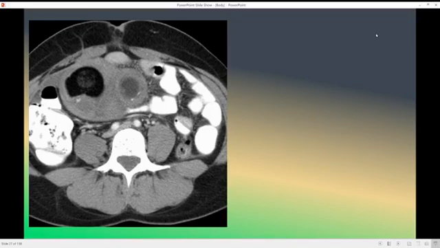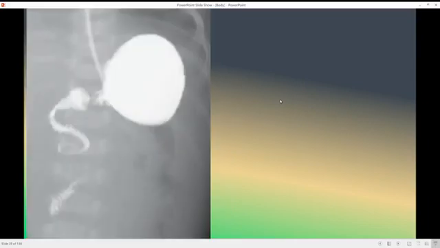Very good, Dr. Rabia Siraj. Okay, this is an ovarian dermoid. We have soft tissue calcification. We have an ovarian dermoid on the right side. Very good, all of you, for answering this question. Okay, we move to the next case.